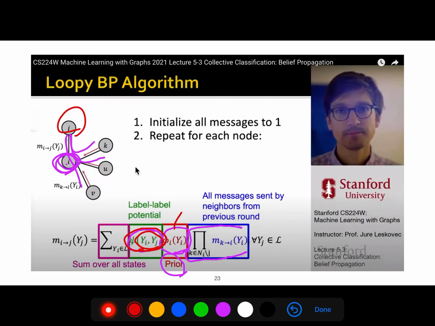Now here it needs two variables, because we need to know how good it is if we have a label yi here, and it is connected to a node that has label yj. How good is it? So we are maximizing this probability. And the message is just a multiplication of these three terms. So the message that goes from i to j is this.